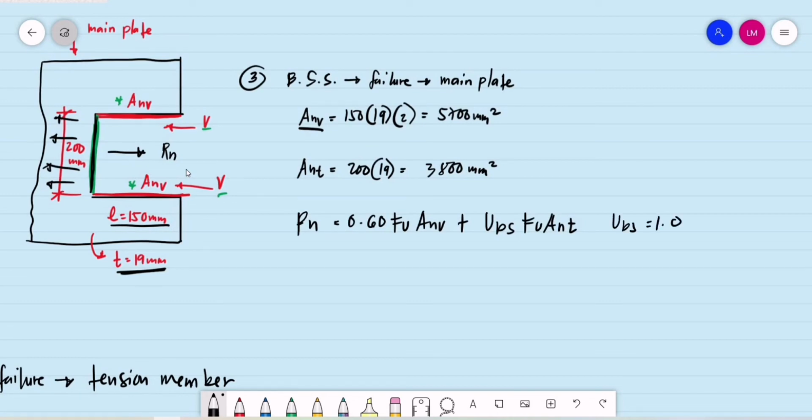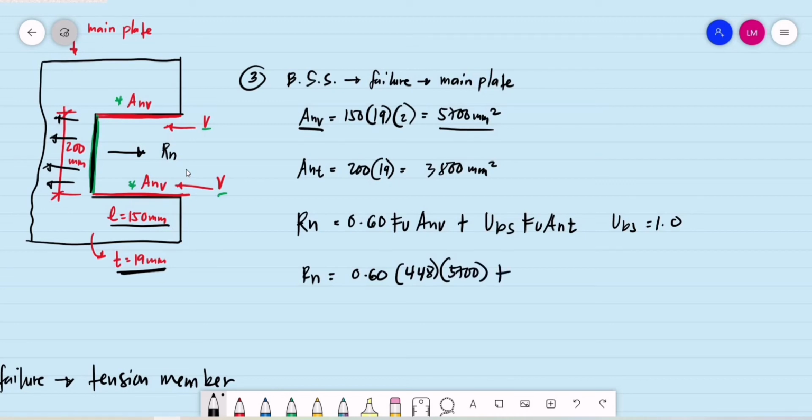So let us now substitute. R sub N is equal to 0.60. Our F sub U a while ago is 448 megapascals. A sub NB is 5,700 square millimeters.